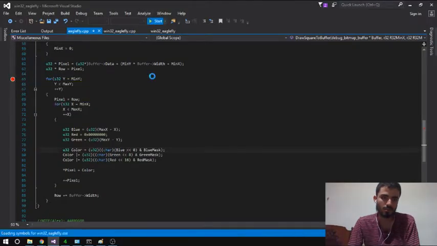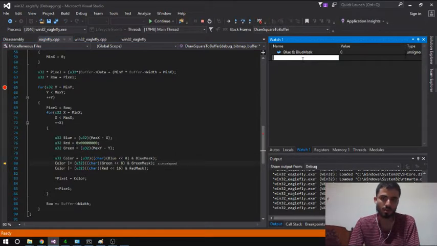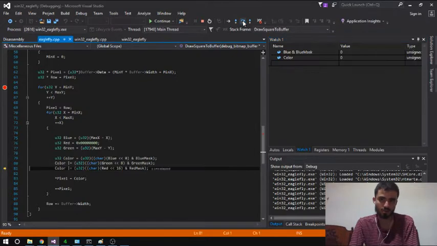Okay, so if we go, we know that the green is now 0, because the color is 0, and then it's 0, and then it's 0.